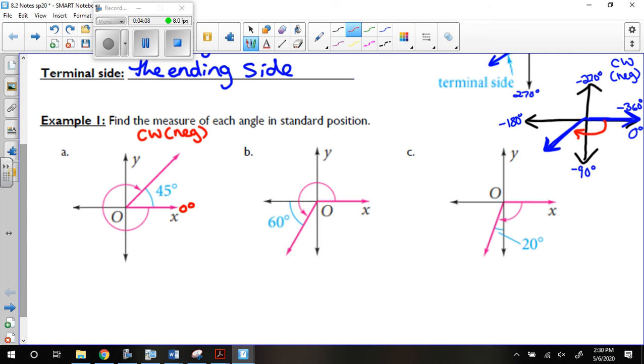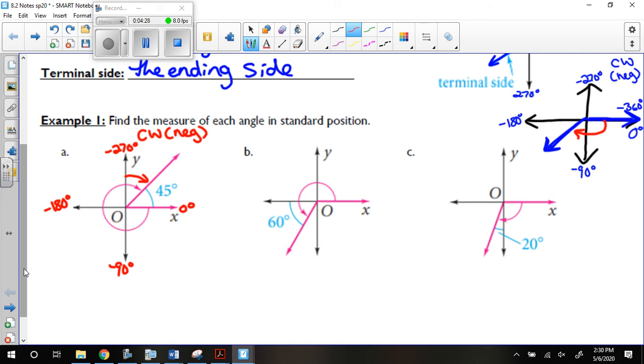Okay, we've gone at least through negative 90 degrees. It keeps going through negative 180 degrees. It keeps going through negative 270 degrees.